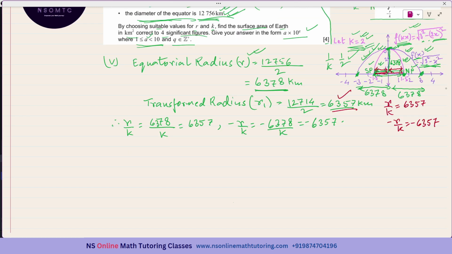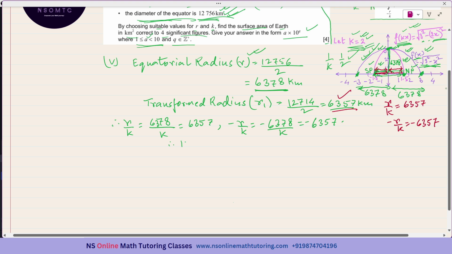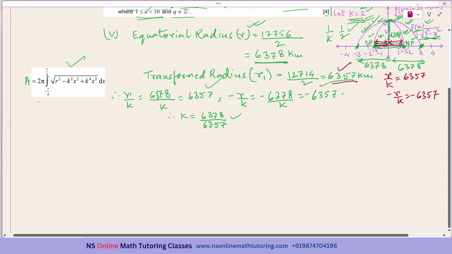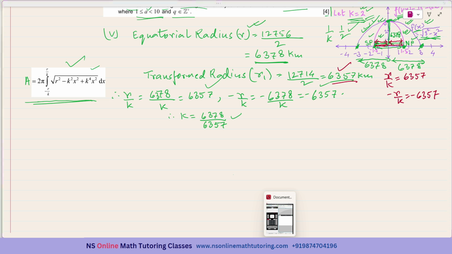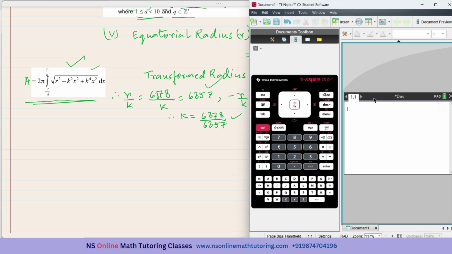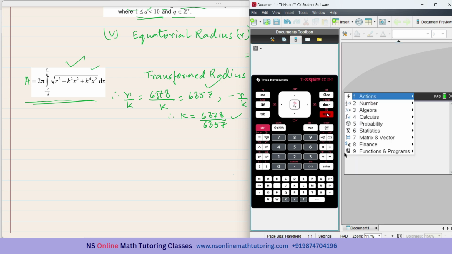Now let us get the value of k. Therefore, k is equal to 6378 over 6357. Now I have again pasted the expression for the surface area over here, and we have to use the calculator for getting the value. Let us use the calculator. It is 2 times pi times the integral.